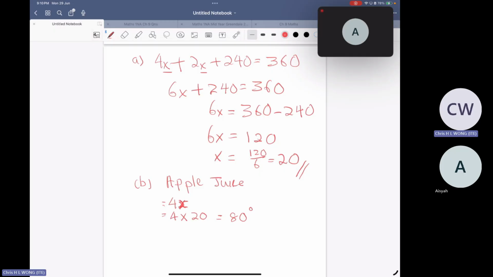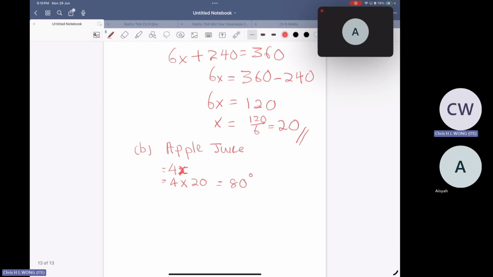Express 80 degree to the whole punch, so express as a percentage. So the percentage will be 80 over the whole punch, which is 360, times 100, right?